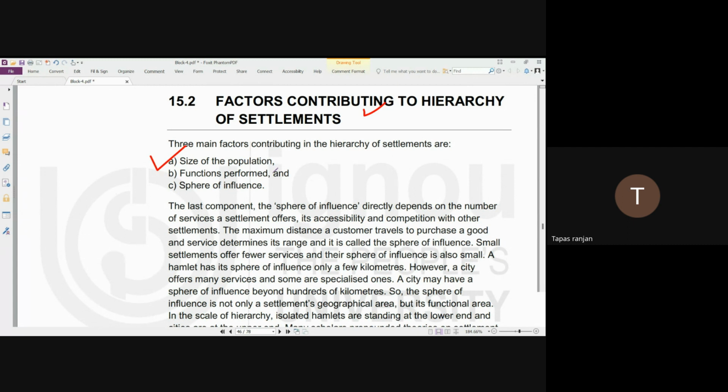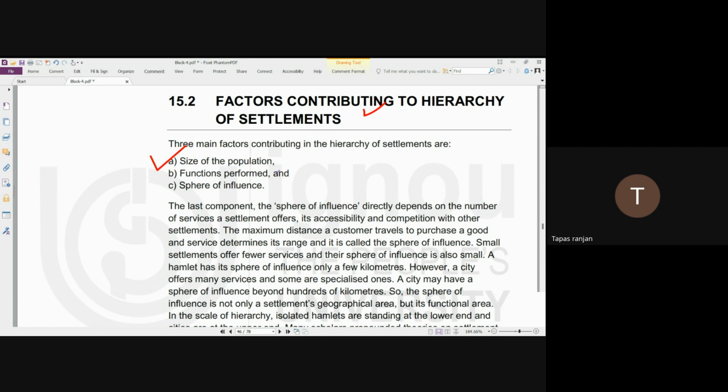Based on the functions performed, we can assign the urban settlements. Let's suppose you want to know the administrative towns or the educational towns. Based on your requirement, the hierarchy will be different.